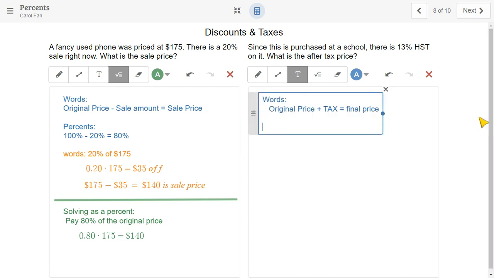If we're doing it in terms of percents, I know that the original percent that I'm paying is 100. I'm adding tax of 13%. But at the end, I'm paying 113% of the original.